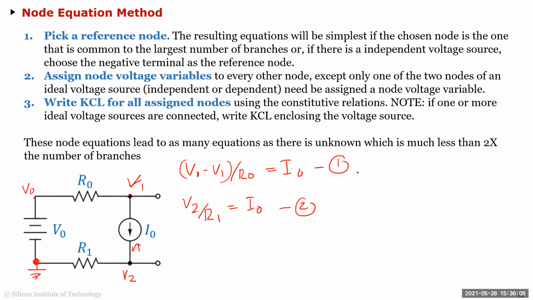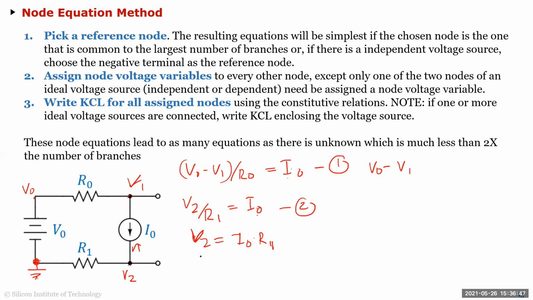So for example, V2 equals I naught R1, and this is pretty straightforward, right?